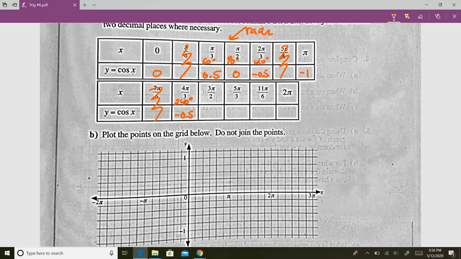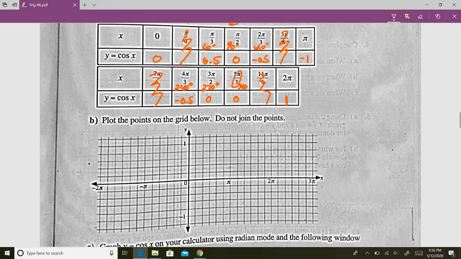Hopefully somebody gets pi over 2 is 90. It gets 3 90-degree angles. 270. Cos 270 is actually 0. 5 60-degree angles is 300. So it's cos of 300 degrees. And that will give you 0.5. Not doing that one. 2 pi is 360. I hope you remember that. And then I'll give you 1.